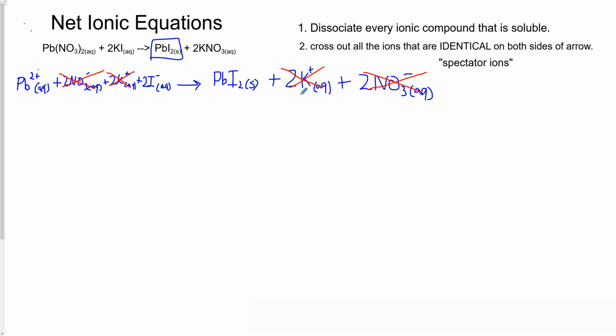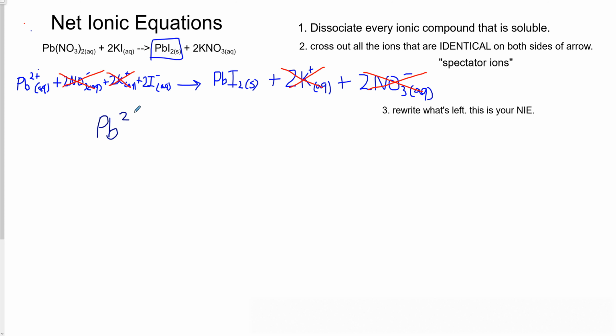Goodbye to you. And now that we've crossed out all of our spectators, the third step is just to rewrite whatever we've got left. That's our net ionic equation. So my net ionic equation, in other words, what is actually going on when we mix these solutions?